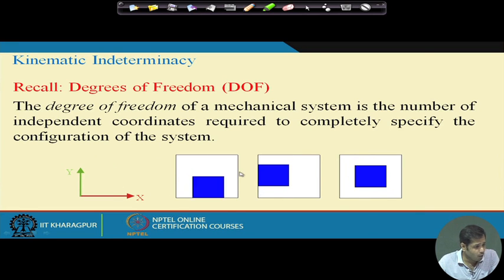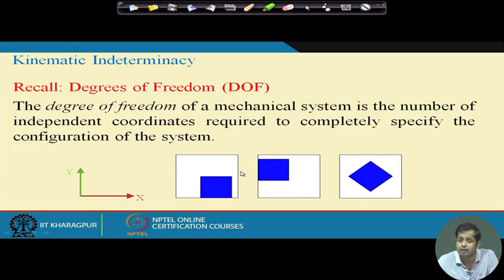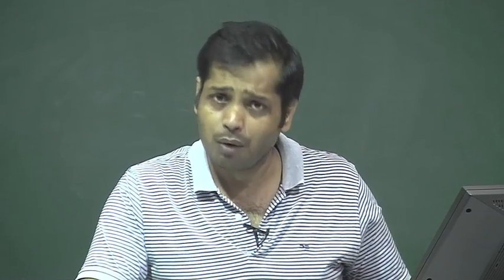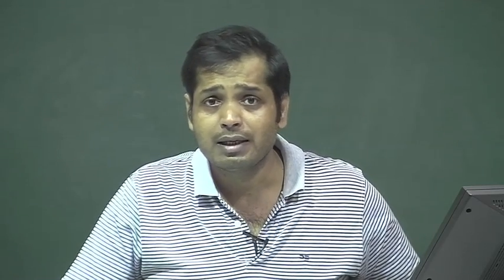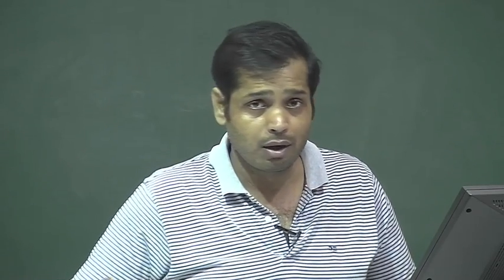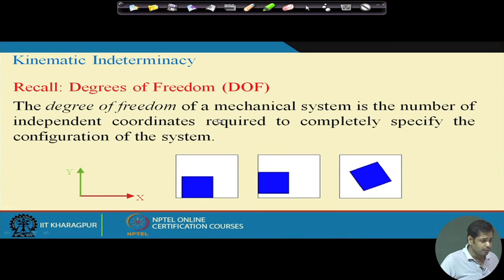Since all the concepts that we are studying here are applied to plane structures, for us the total degrees of freedom at a given point is 3: 2 translations and 1 rotation. But when we extend this concept to space structures, say a space frame or space truss, then at any given point the total degrees of freedom will be 6: 3 translations and 3 rotations. Okay. This is degrees of freedom, we know this.